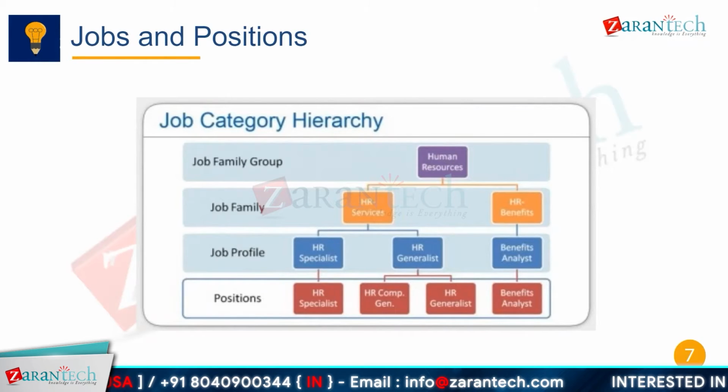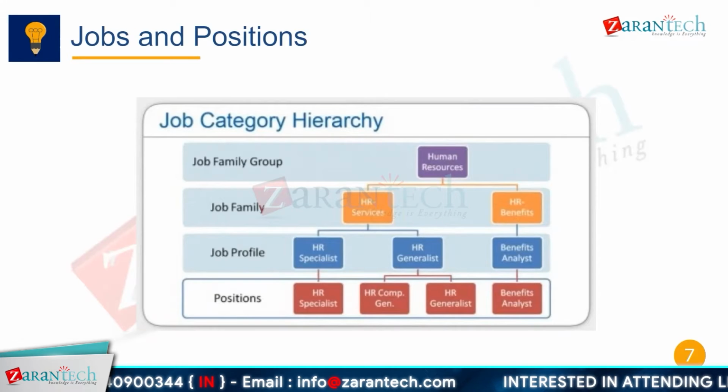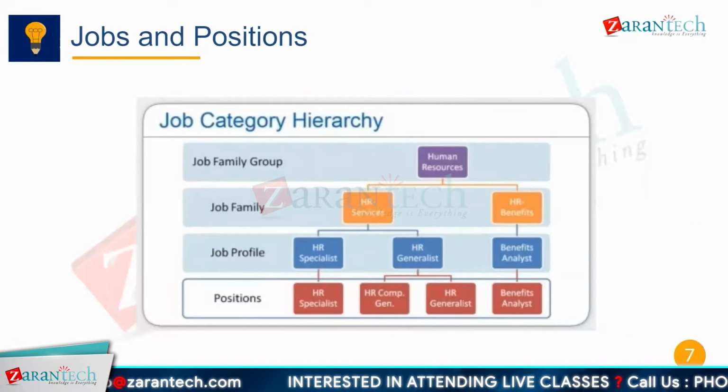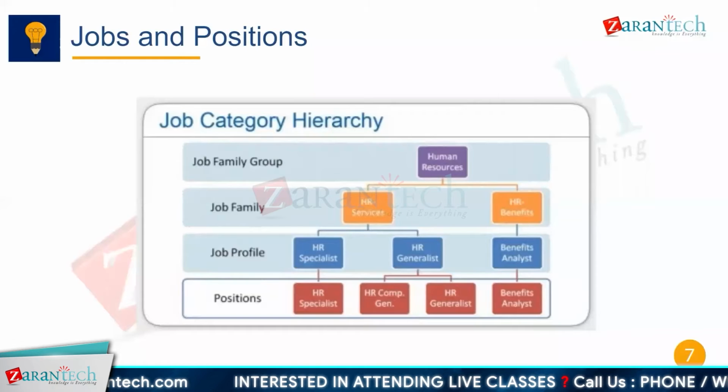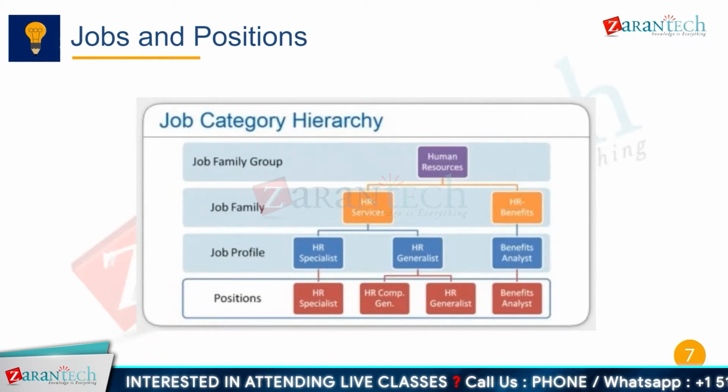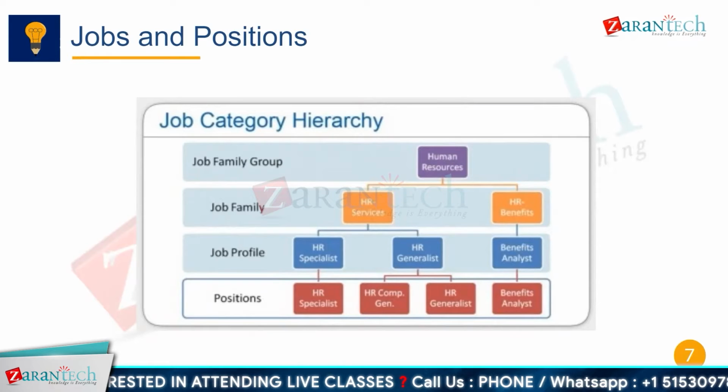So when you're doing reporting or when you're giving benefits or allowances, you can use the job family groups and job families to apply those changes at a large scale. So you don't have to go to each and every job profile, but you can apply those implications at either the job family or the job family group level.